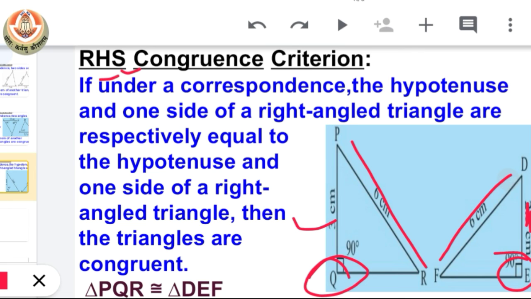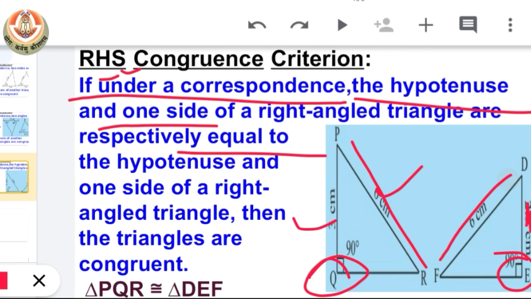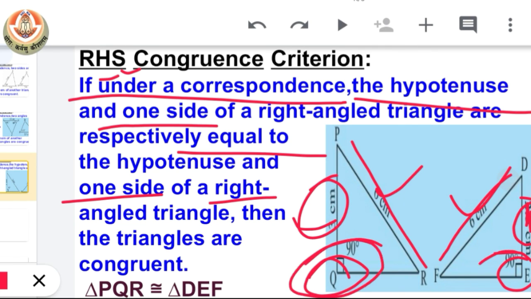Now let's see what the statement of RHS congruence criteria is. If under a correspondence, the hypotenuse and one side of a right angled triangle are respectively equal to the hypotenuse and one side of another right angled triangle, then the triangles are congruent under RHS congruence criteria.